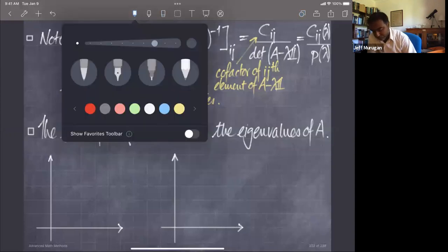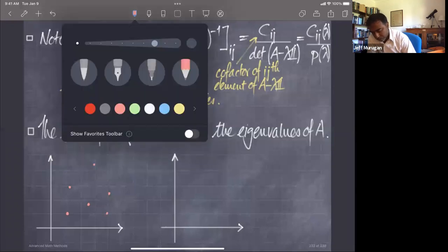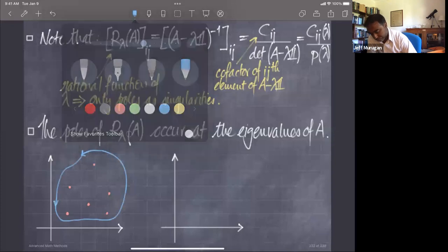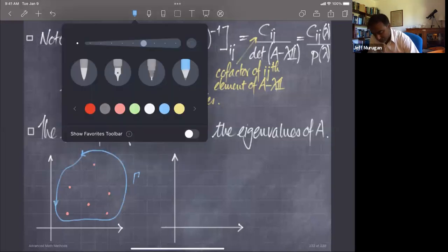So if I have poles at various locations on the complex lambda plane, then the curve gamma is selected to be the one that encloses all of these poles. So this would be gamma. Okay, and these are the singularities.